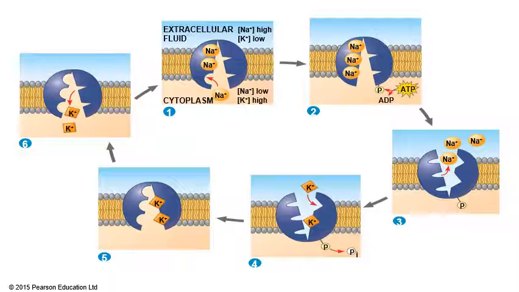By that transport protein spending ATP, that's one example of active transport. That's why they keep a high concentration of K+ inside the cell and a low concentration of Na+ inside the cell compared to the outside environment.